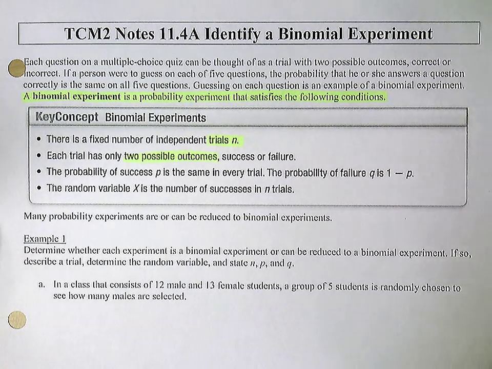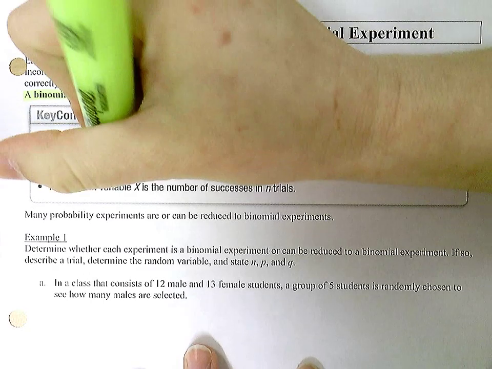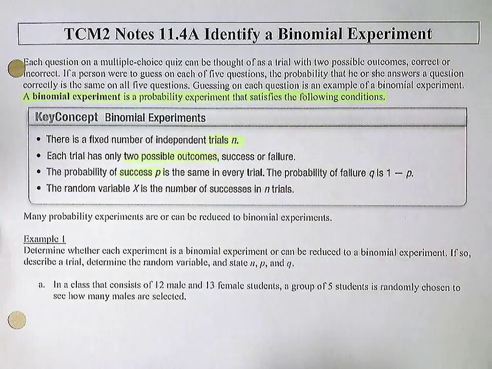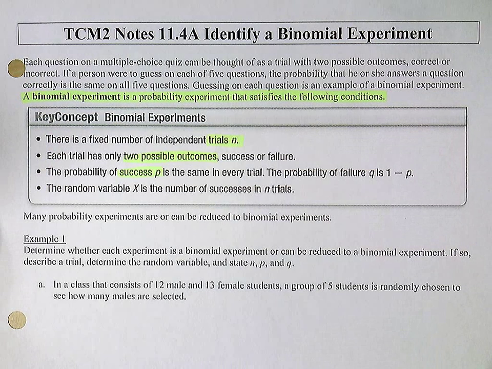The probability of success is P, and it is the same in every trial. So that probability of success has to be the same for every single trial. It doesn't change once you take something away.